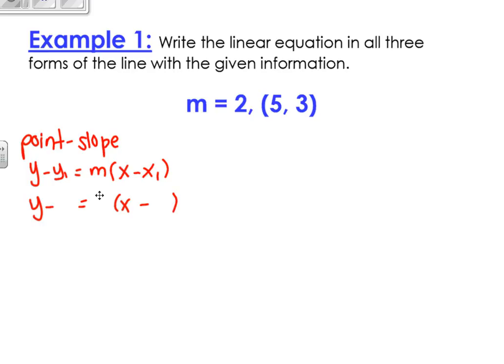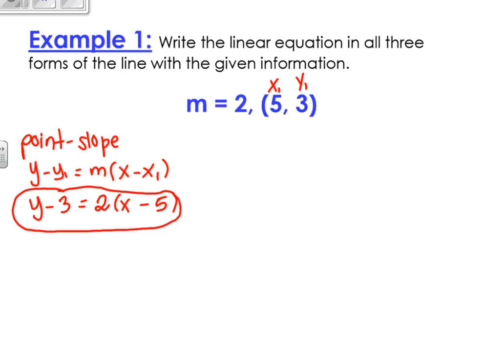Well, we know that m is 2, and we know that this is my x1, y1. So x is 5 and y is 3. And there's nothing to clean up here. I don't have like minus a negative or anything crazy. So this is my answer if I asked you to write this in point slope form. Point slope form is actually the easiest.